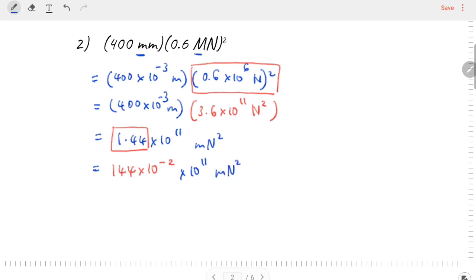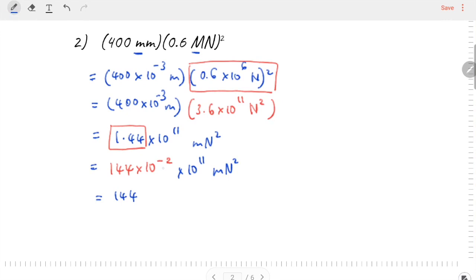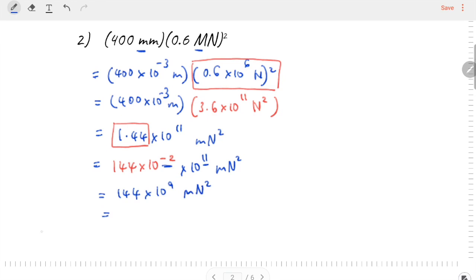So 144 remains as it is, and then 10 to the power of negative 2 multiplied with 10 to the power of 11 is equivalent to 11 minus 2, which is 10 to the power of 9. So 10 to the power of 9 is equivalent to the prefix of giga.